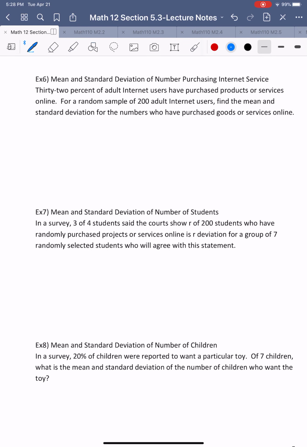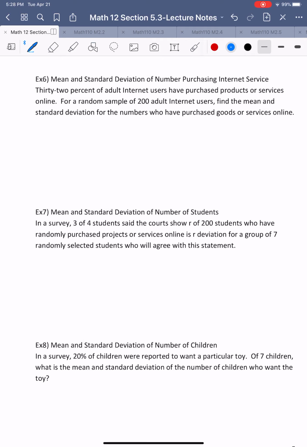Okay, so the next page, which could be the last page for the problem. Example 6, mean and standard deviation of the number purchasing internet service. 32% of adult internet users have purchased products or services online. For a random sample of 200 adult internet users, find the mean and standard deviation for the number who have purchased goods and services online.